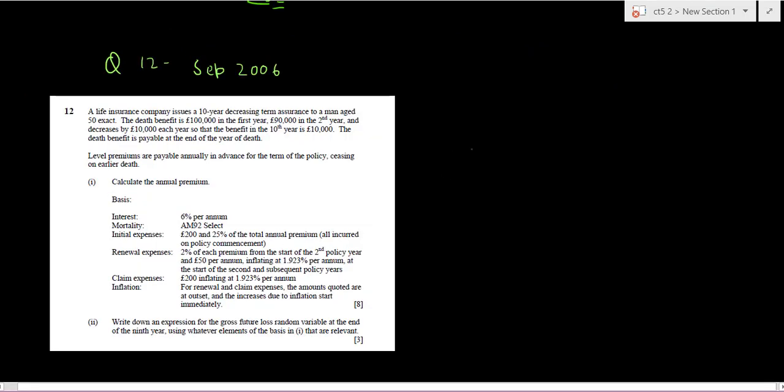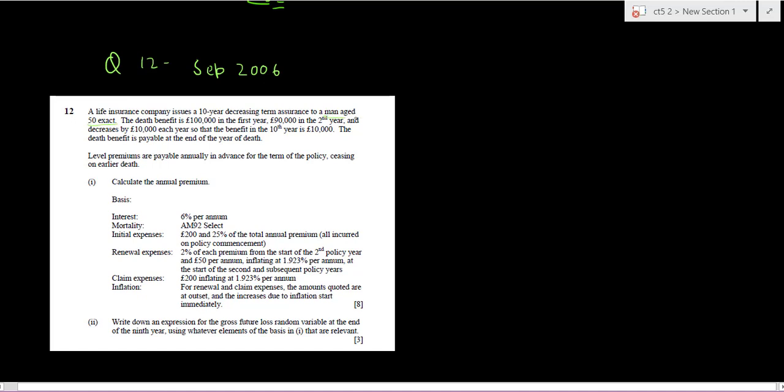So this is the first question that we are taking, and this is question number 12 from September 2006 exam. And here we'll not be doing anything else apart from the representation of gross future loss random variable. So let's do that. A life insurance company issues a 10-year decreasing term assurance to a man aged 50 exact.